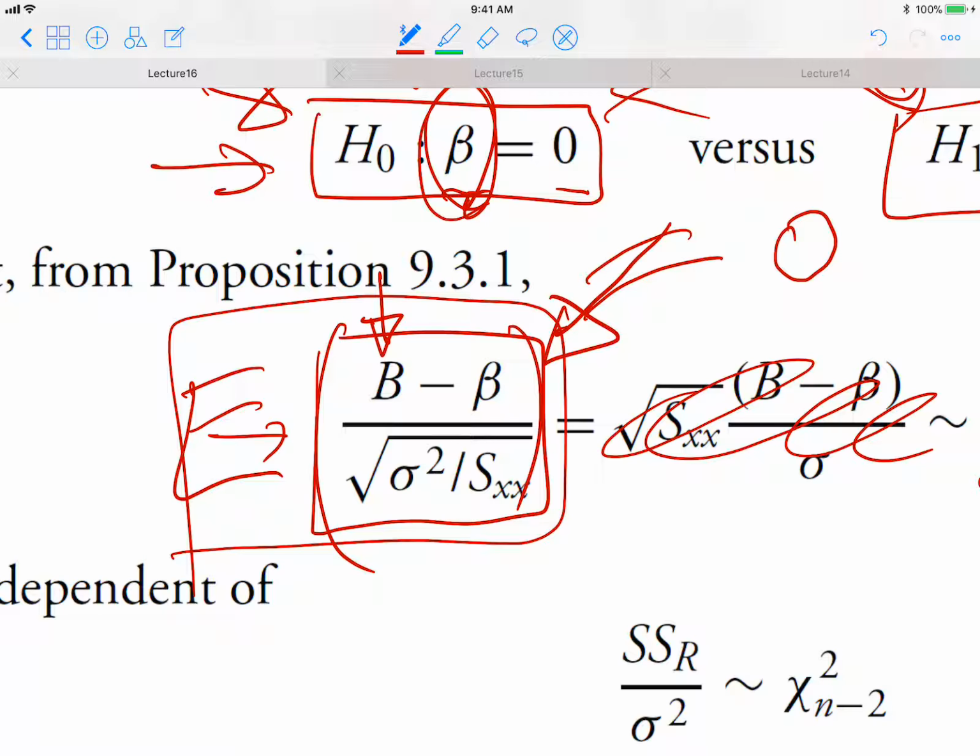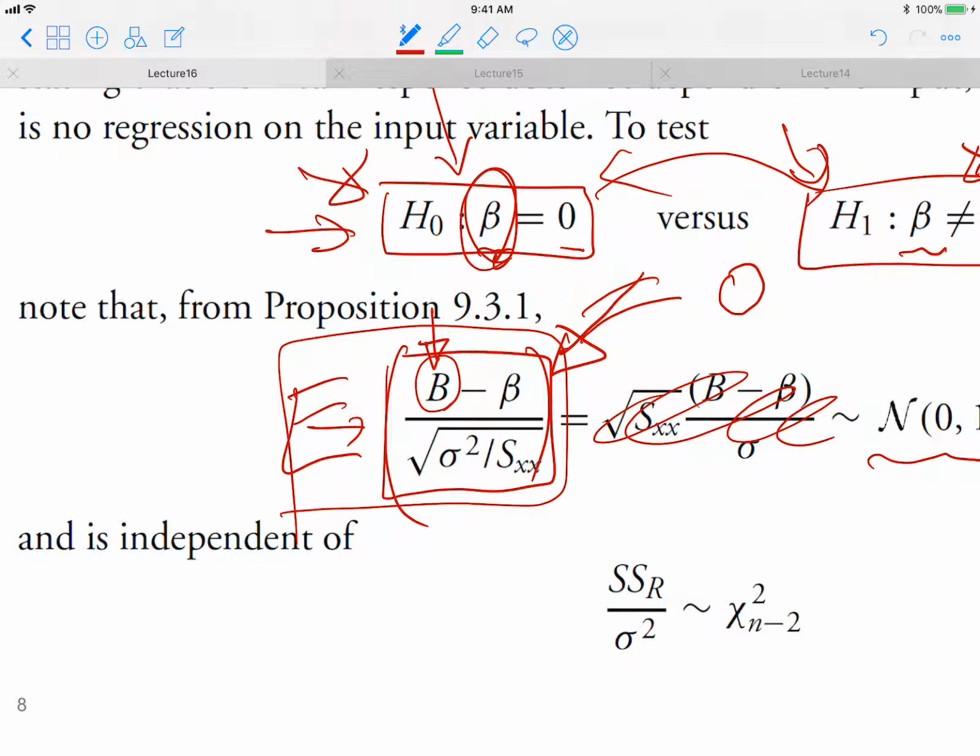We studied it because the expectation of B is the same as beta, which is our true parameter, and we called it an unbiased estimator, right? Here beta is a fixed, although unknown, value, but beta is not a random variable.